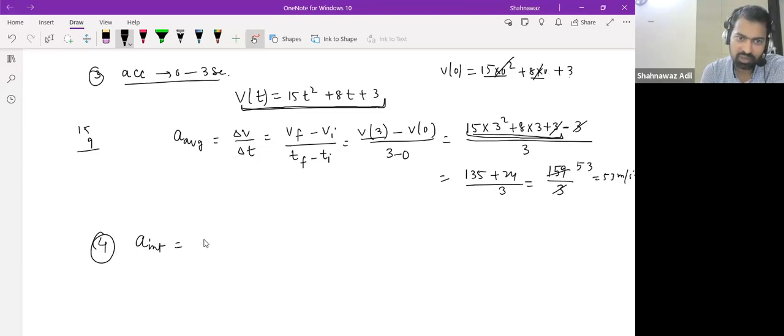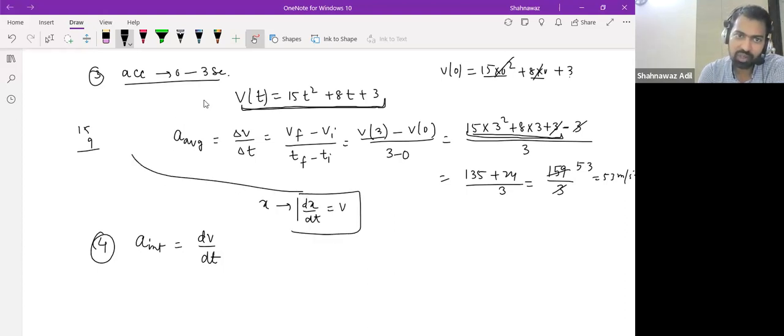For this, we use dv by dt. But we were given the x. So from x, we calculated dx by dt, which gave us v, and we already have calculated this v. So now we know the form of v, then we can calculate dv by dt.